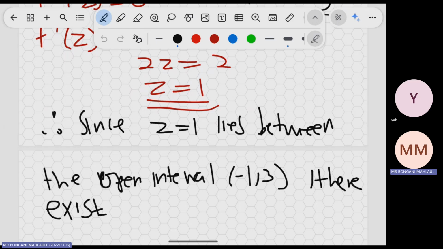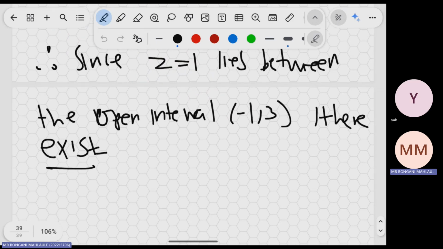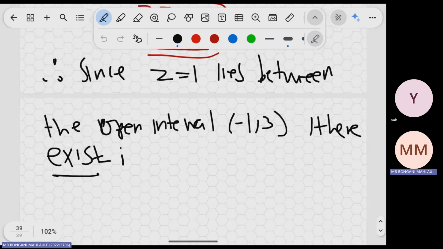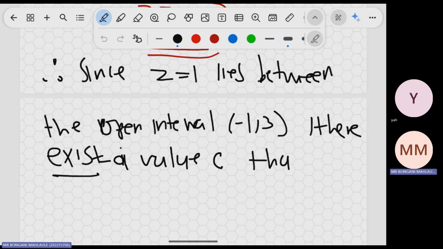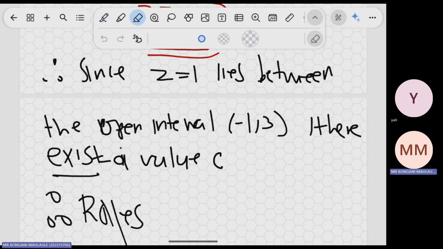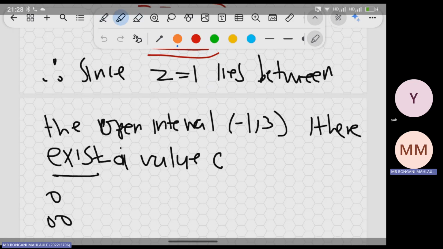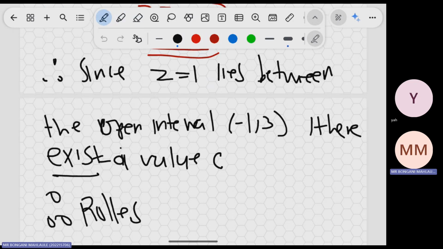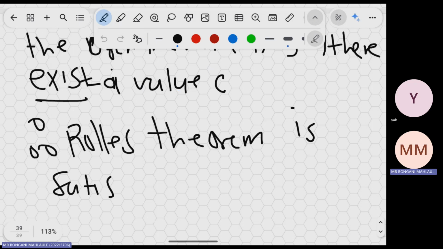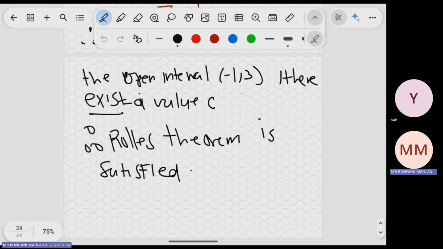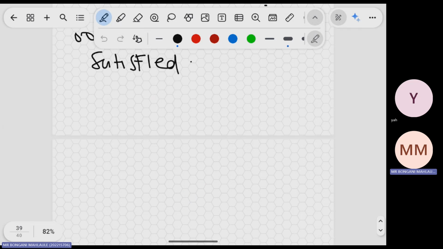The point of Rolle's theorem is to check if there will exist a value c in your interval that satisfies this, and therefore Rolle's theorem is satisfied. So I think we've done enough. It's satisfied, or Rolle's theorem holds.